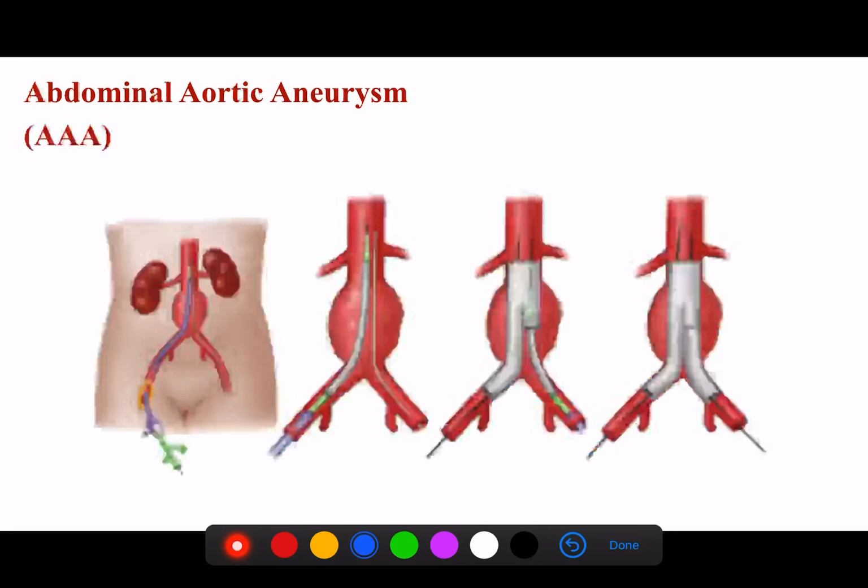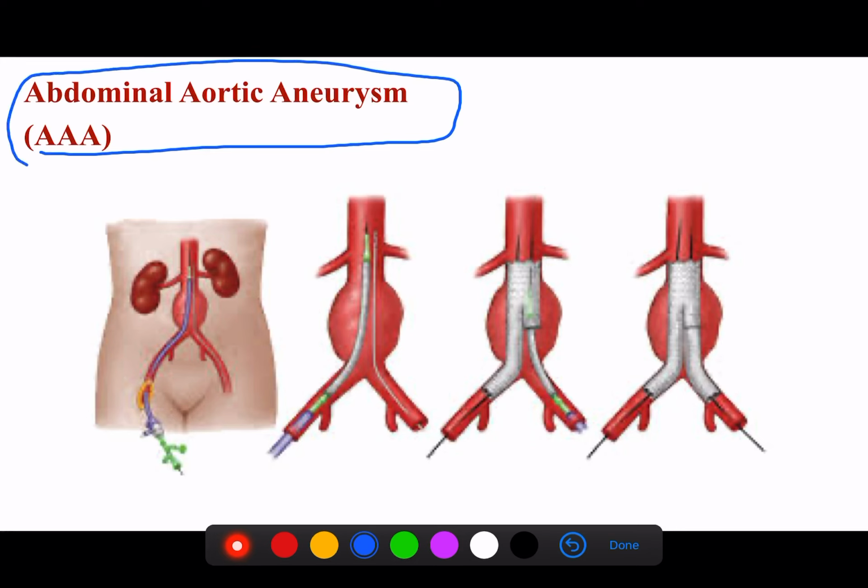We have two important types of aneurysm. The first of them is called abdominal aortic aneurysm. The site of this aneurysm is between the renal branch and the iliac branch from the aorta.